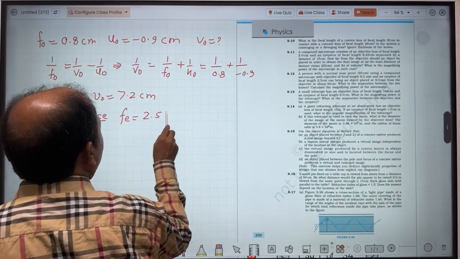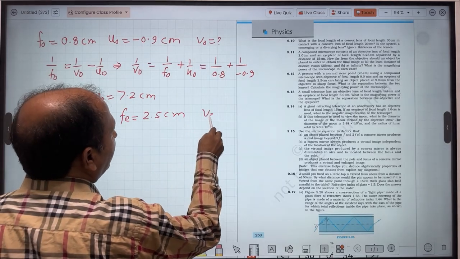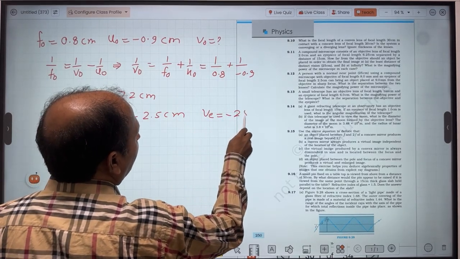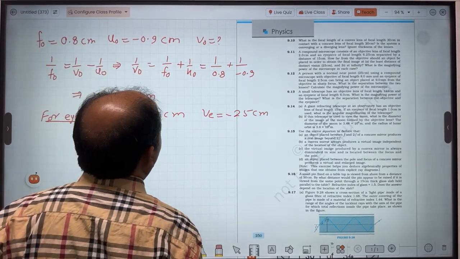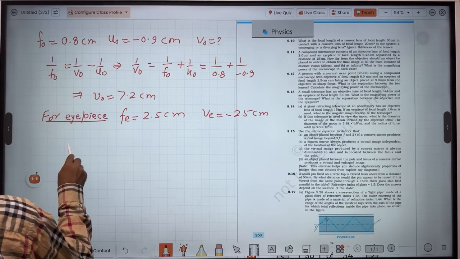So 2.5 cm, and other information is given. Final image is formed at least distance of distinct vision. So we can say VE equal to minus 25 centimeter. Right. Now we can easily evaluate UE.